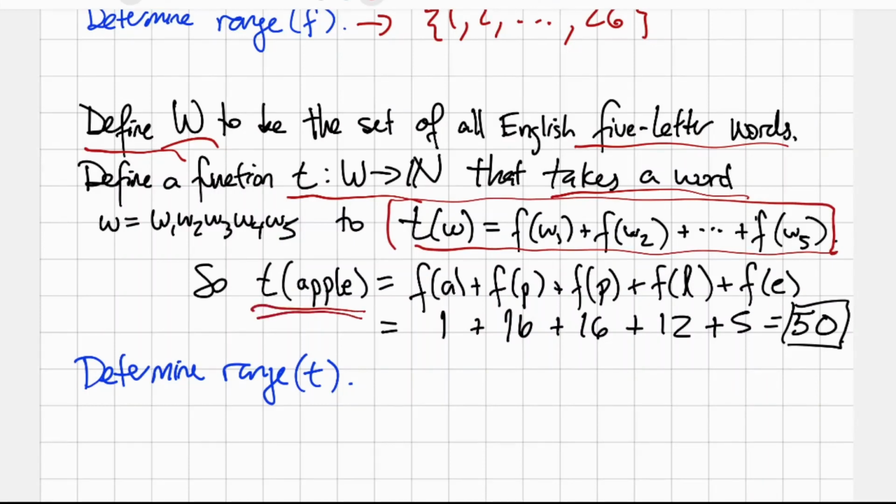So T of apple, the total letter sum of the word apple, would be f of A plus f of P plus f of P plus f of L plus f of E. And we translate each of those letters into numbers. A was 1, P is 16, P is 16, L is 12, and E is 5. We add up those numbers and we get the total sum of 50.